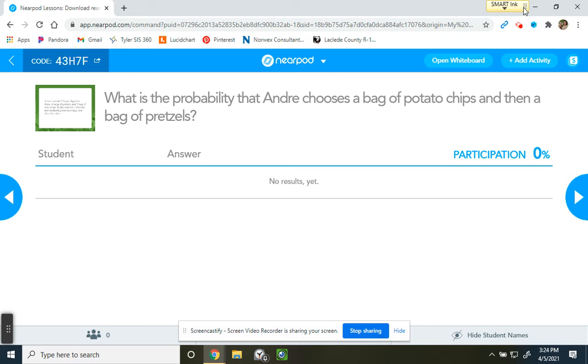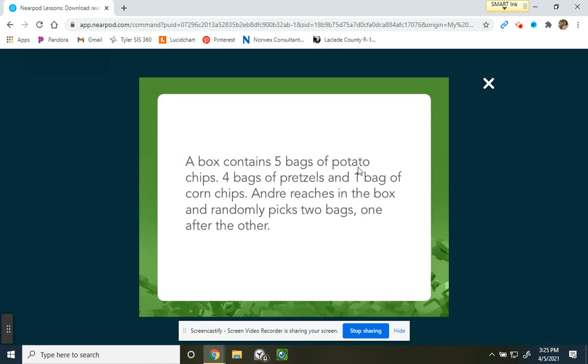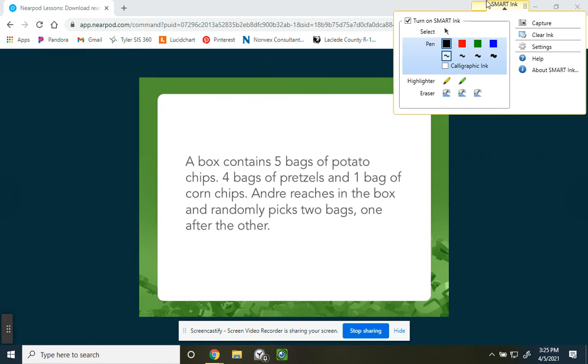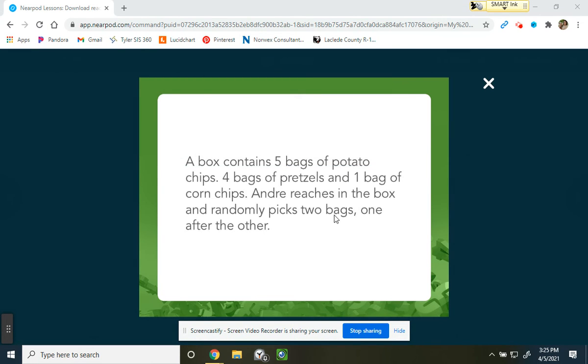Okay, so let's do this one. What's the probability that Andre chooses a bag of potato chips and then a bag of pretzels? Let's see what we got going on here. He has got 5 bags of potato, 4 bags of pretzels, and 1 bag of corn chips. So that gives me 10 bags. The first one they want him to pick is a bag of potato chips. So that would be 5 out of 10. And then a bag of pretzels.